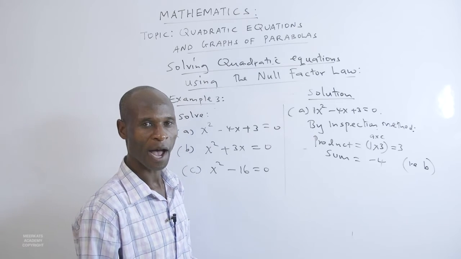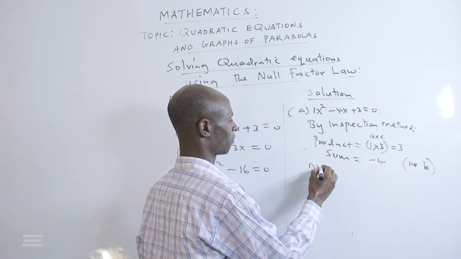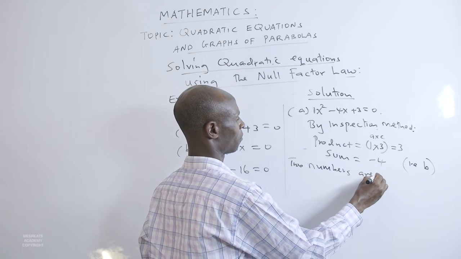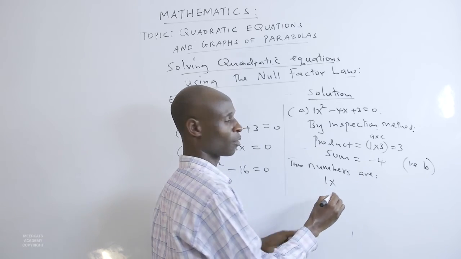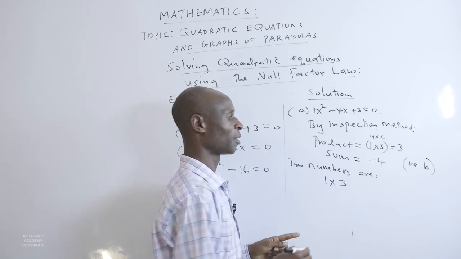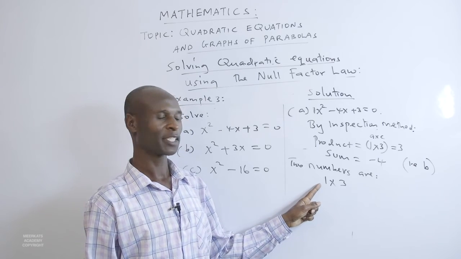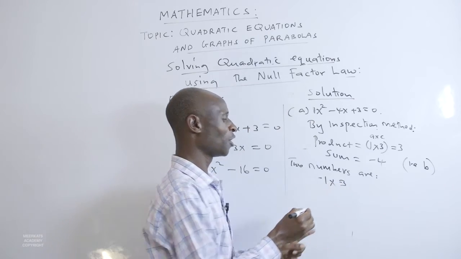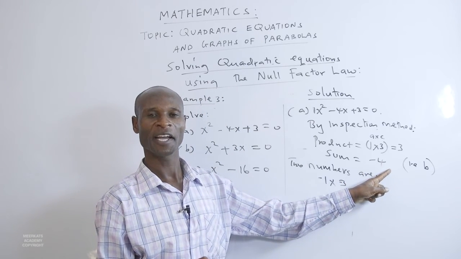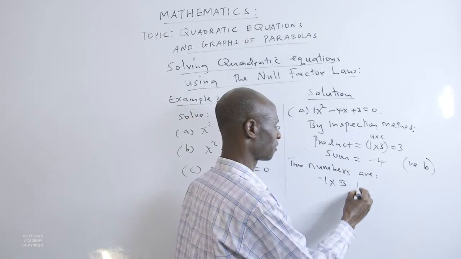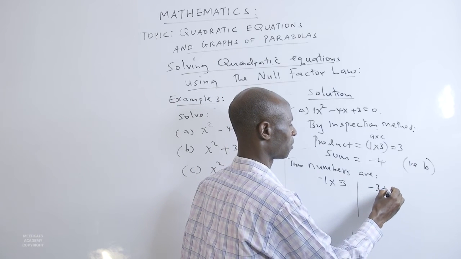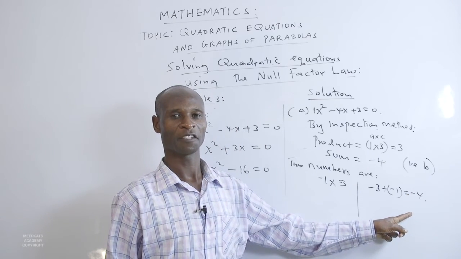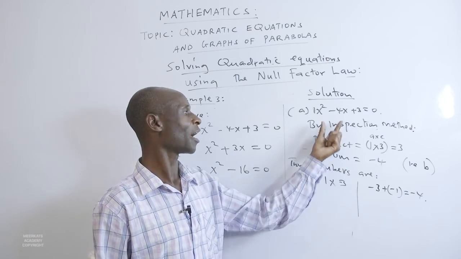The two numbers are 1 and 3, and 1 must be negative, 3 must also be negative, so that when you add, we get negative 4. Since negative 3 plus negative 1 is negative 4, we shall pick our two numbers and factorize.